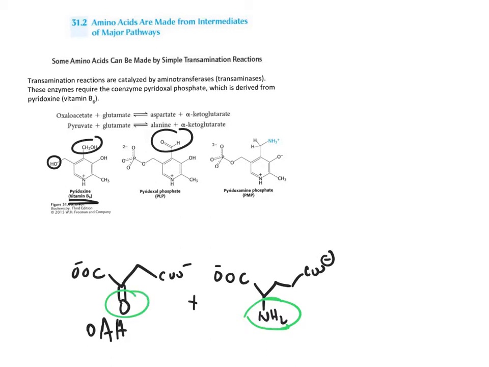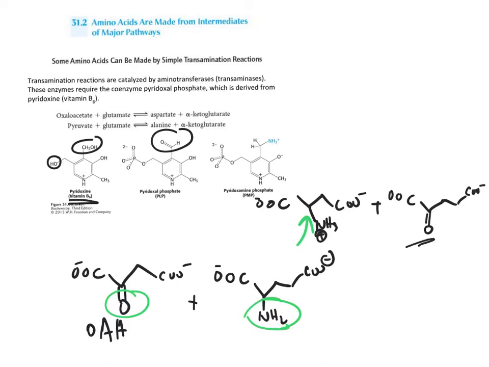So this process is going to give us aspartate plus alpha-ketoglutarate, which is shown here.